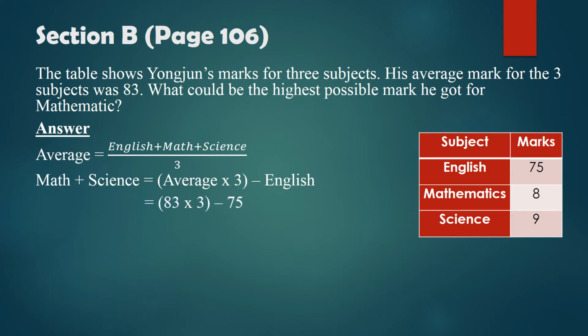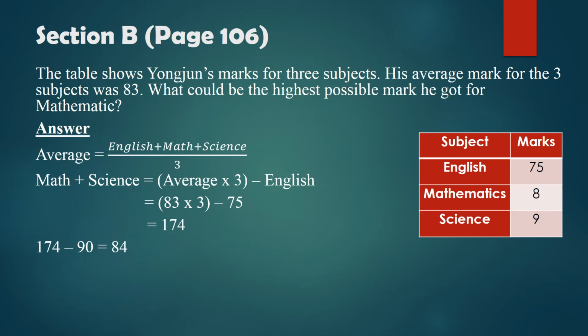Since you know that the average is 83, you just replace it. Average equals 83 times 3 minus 75, which refers to English. So the mark of math and science altogether is 174.